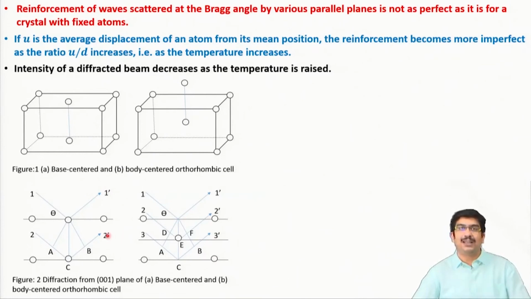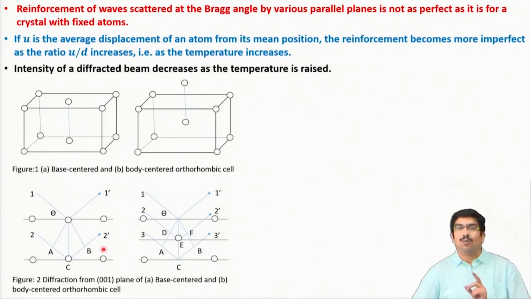Now, what is happening here is, because of the thermal vibration, all the atoms may not lie on the same plane. So, this atom may be lying a little below, and this one possibly a little above, because of this thermal vibration around this position. Same thing for these atoms.